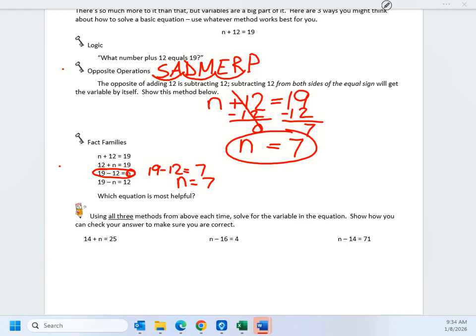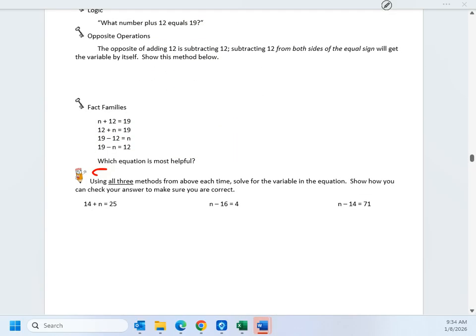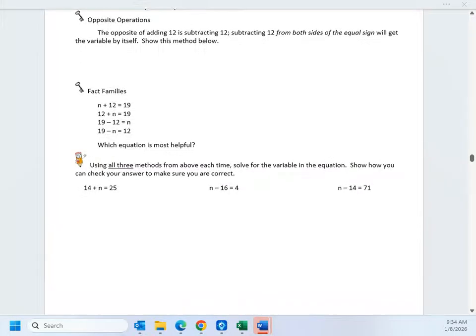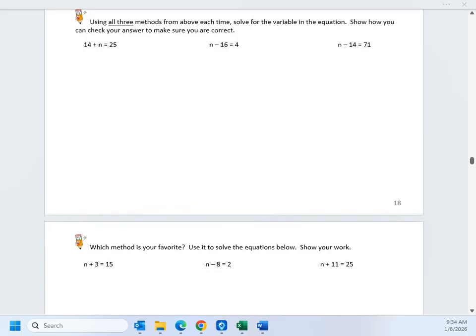All right, so let's practice with these methods. We're going to practice using all three on this page. We have 3 of them. We're going to do it together so we get an idea of how all 3 of them work. When we get to our second page, you're picking your method.